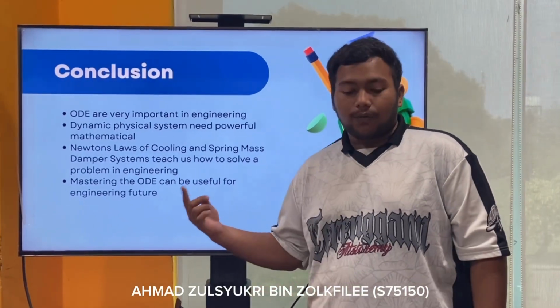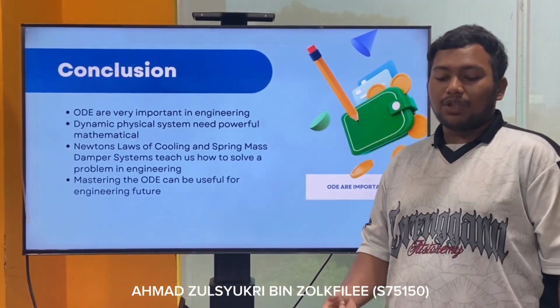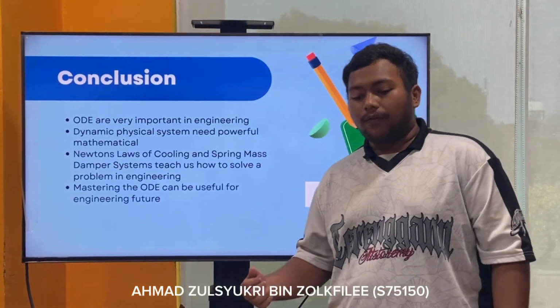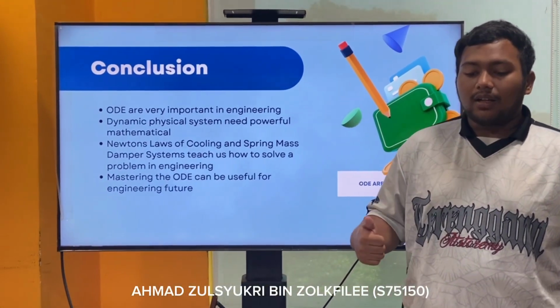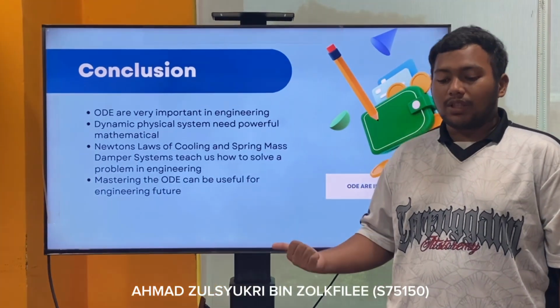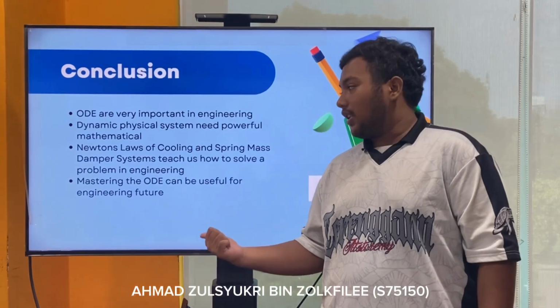Newton's law of cooling teaches us how to predict temperature change over time in fields like thermal engineering and forensic science, while the spring mass damper system models motion and vibration in mechanical and automotive engineering.